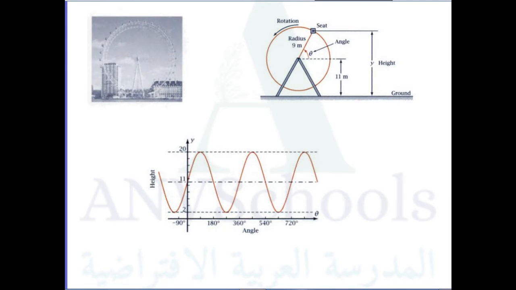Now we have this Ferris wheel. As you ride through that Ferris wheel, your distance from the ground depends on the number of degrees the wheel has rotated. Am I correct? This is actually illustrated by this scenario here, these graphics.